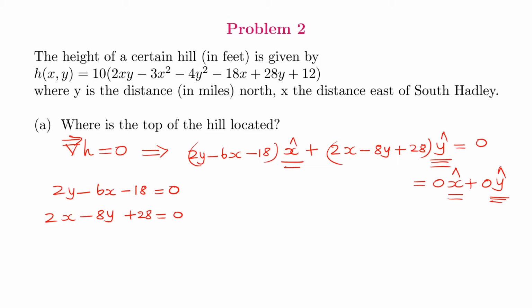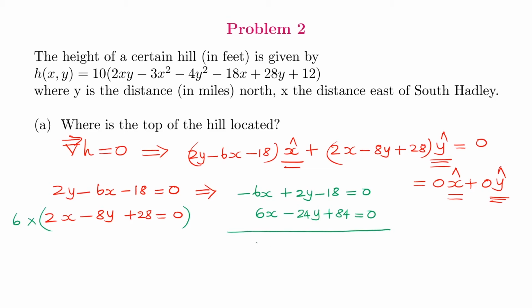Now we want to solve for x and y. Let's rewrite this equation as minus 6x plus 2y minus 18 equal to 0, and then multiply the other equation with 3 so that it becomes 6x minus 24y plus 84 equal to 0.